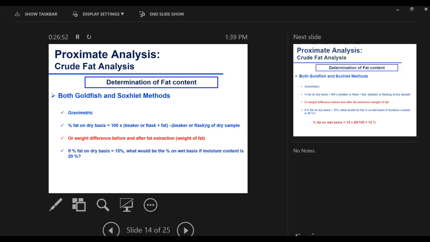You can weigh the flask before you add the solvent and after you evaporate the solvent, and then you get the fat. Or we measure the whole thing like we did in the lab, before and after fat extraction, and the difference would be the fat content. We get the percent, and then we get the percent fat. We'll start with this next time. We'll do that in class on Friday.